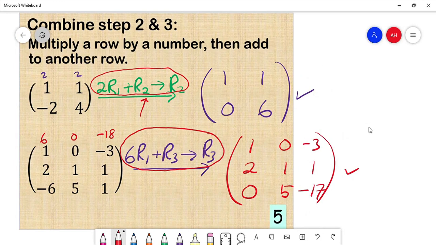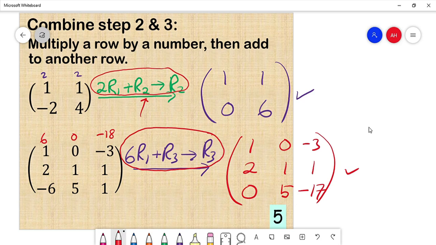The operations that we can do in elementary row operation, ERO, are these three operations. Operation number 1 is just exchange any two rows. Operation number 2, you can multiply any row by any number except 0.